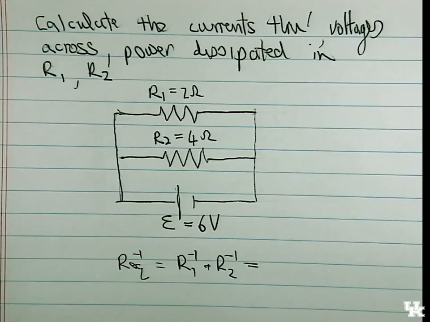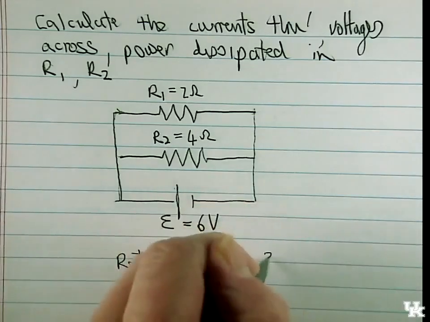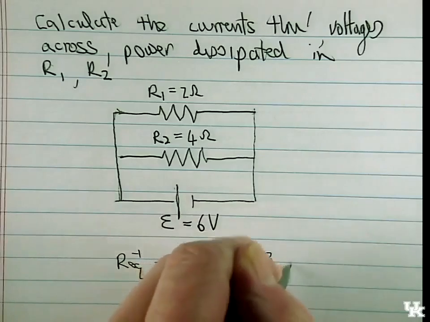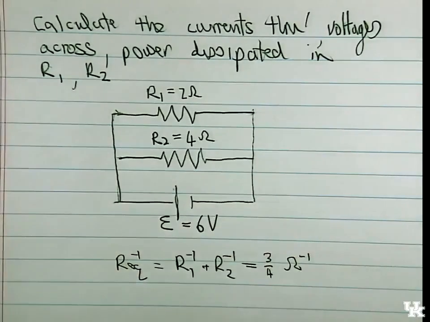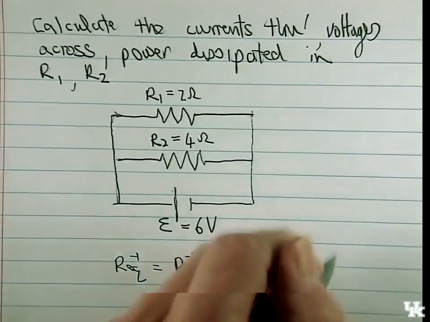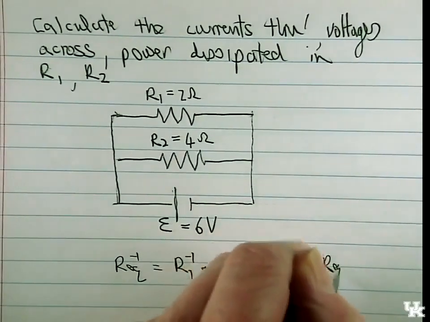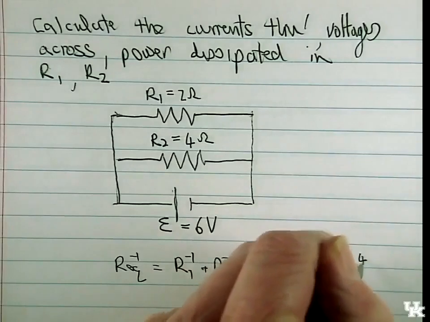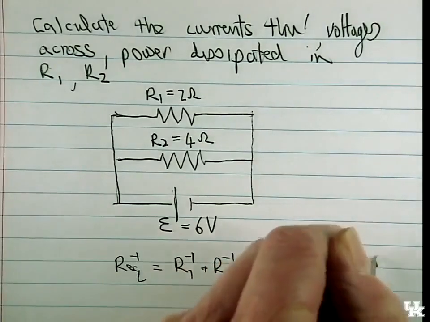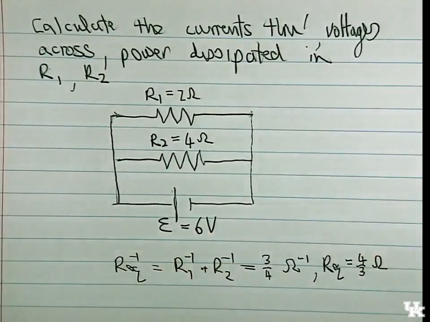One of them is 4 ohms, that's a quarter. A half plus a quarter is 3/4. So this is 3/4 inverse ohms, because these are equivalent inverse resistances. So actually the equivalent resistance itself is 4/3, 1.33 ohms.